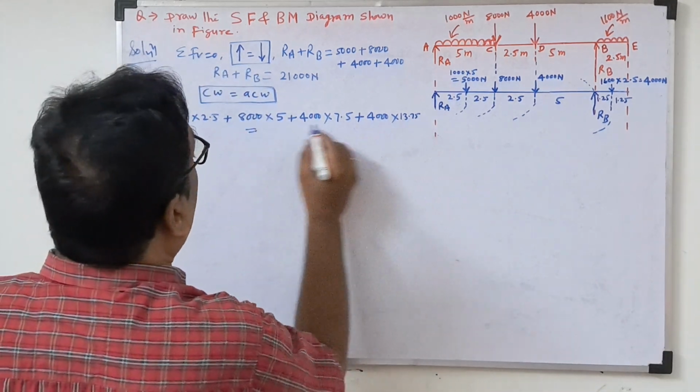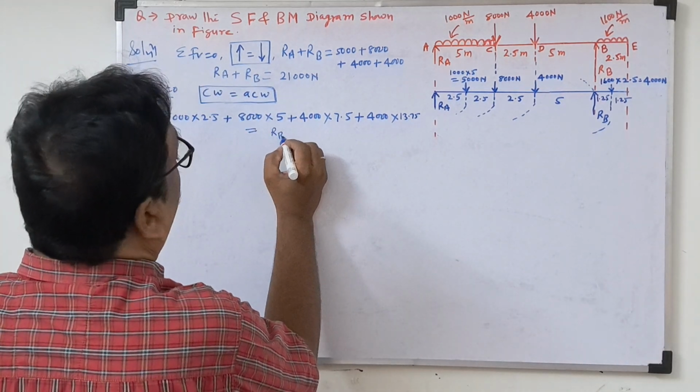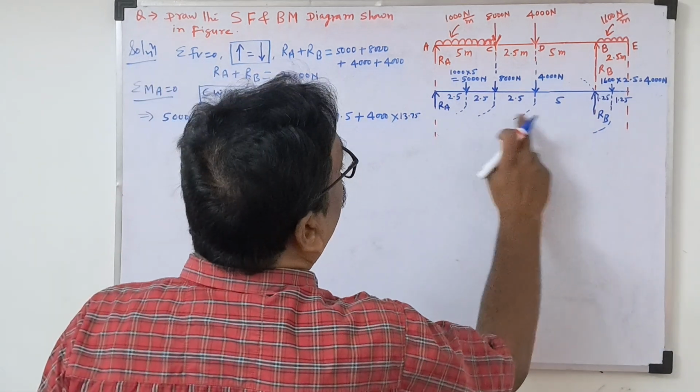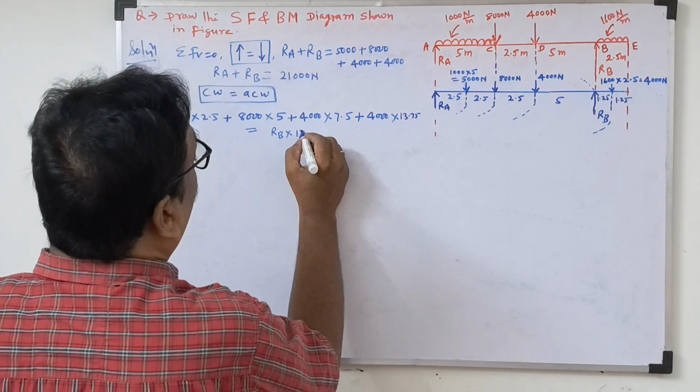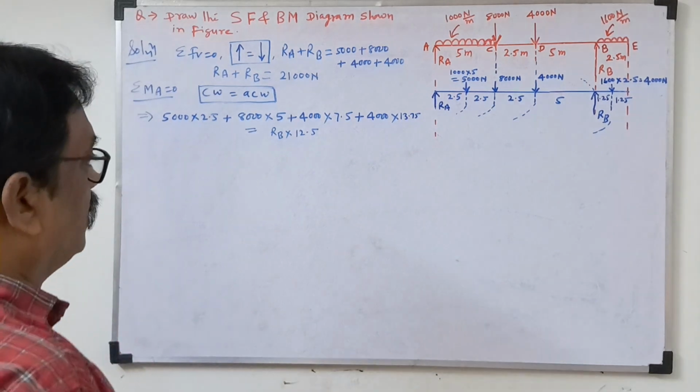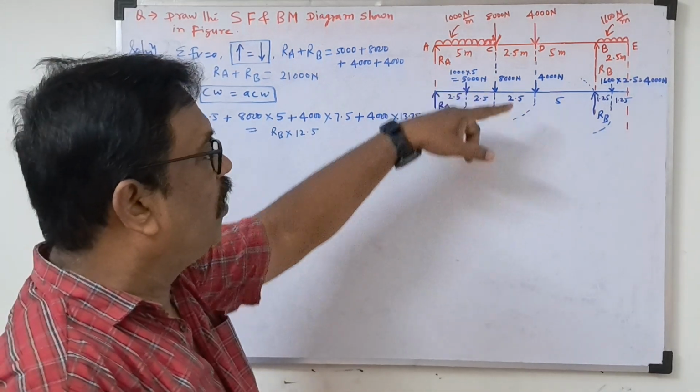These all are the clockwise. Anti-clockwise is RB into total distance 5, 12.5. So this is the moment. If we draw the load diagram, it is simple.